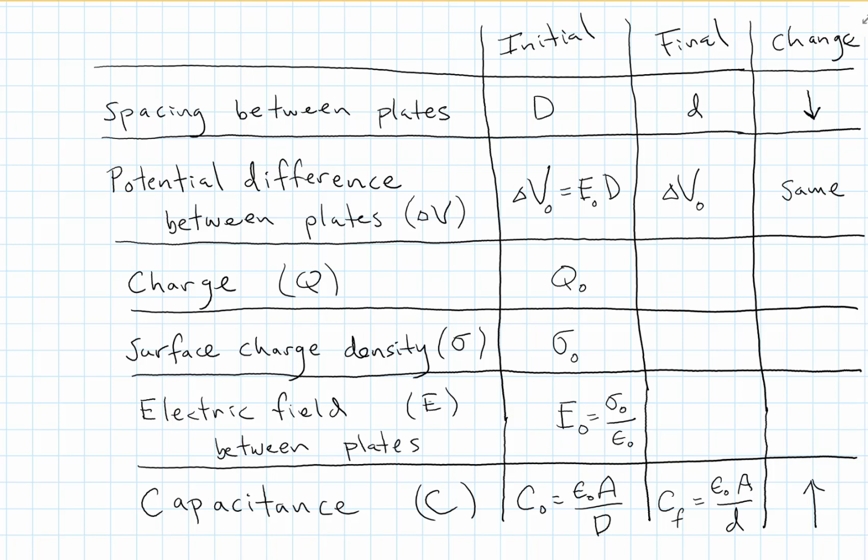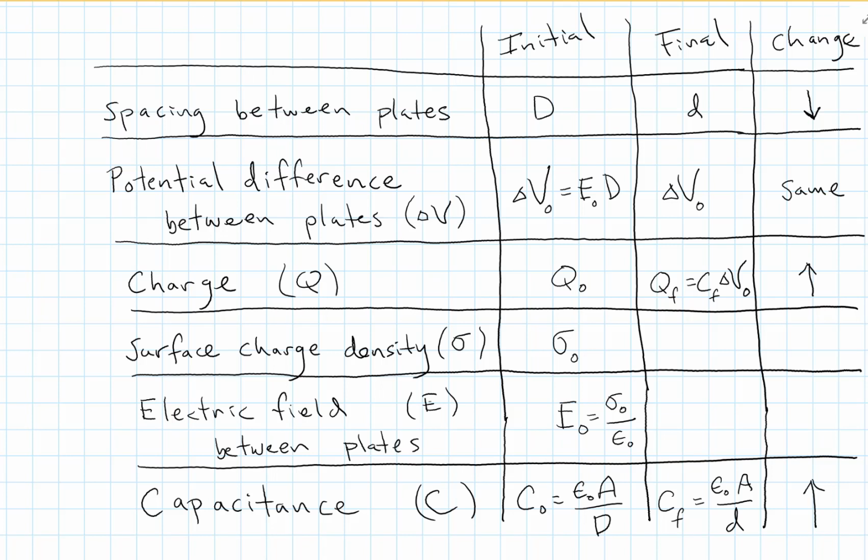C increased, delta V stayed the same, so that means the charge had to go up. More charge. The battery doesn't have to do as much work moving the charges because it's not moving them through as big a distance from one plate to the other.